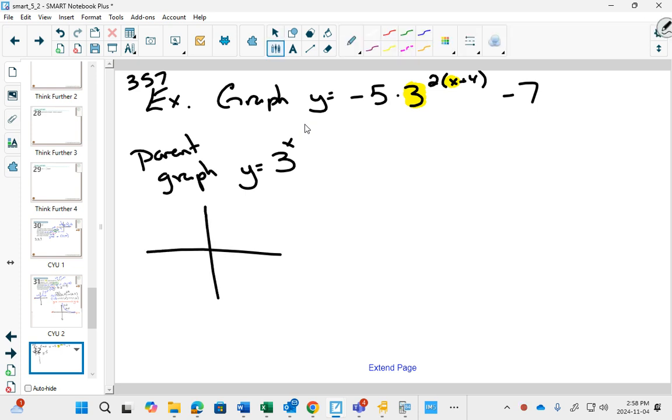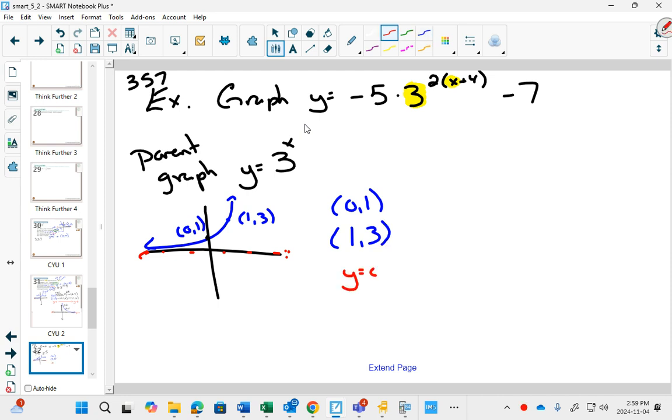A little quick sketch of 3 to the x. The point 0, 1, and 1, 3. So if I take those points, 0, 1, 1, 3, and my asymptote at y equals 0, stretches and compressions first, translation second.